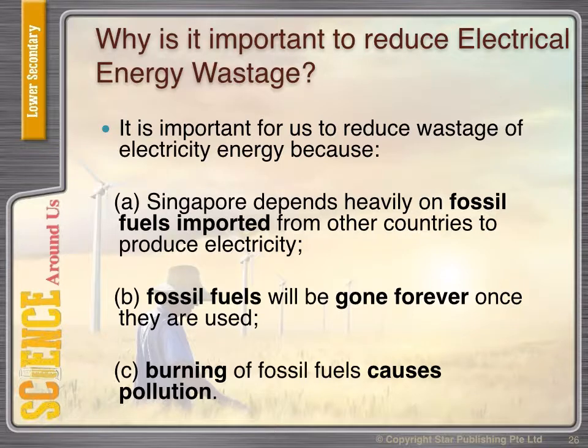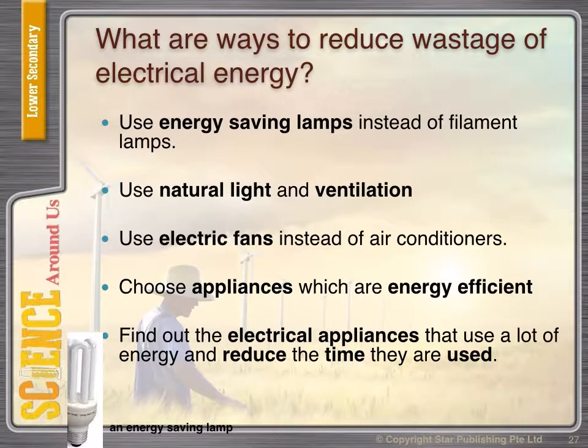So what are the ways for us to reduce wastage of electrical energy? We can use energy saving lamps instead of filament lamps. We can use natural light and ventilation. Please take note of all these things because Singapore has limited resources. And if you are feeling a bit hot, it's good to use electrical fans.